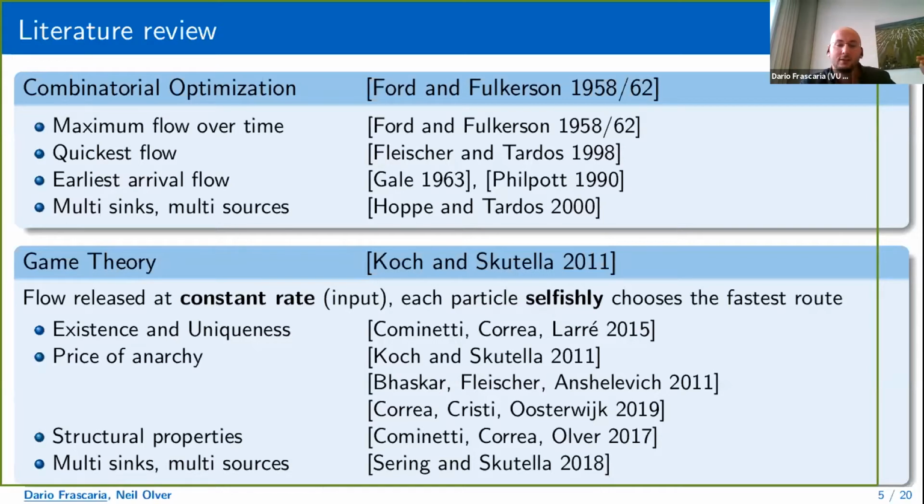The flow is released into the network at a constant rate, and this constant rate is given as part of the input. In the literature, we can find results on existence, uniqueness, or on the price of anarchy, but we also have results on structural properties and multi-sink and multi-source settings.